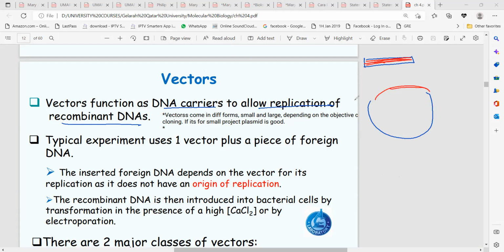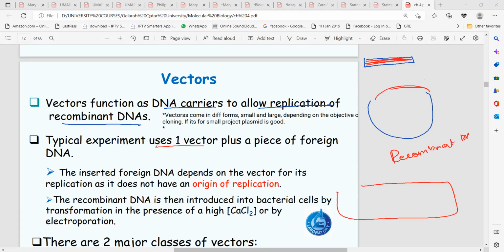Okay? And we call this recombinant DNA. Then they are combined by ligase, and now you will insert this into host bacteria. Within host bacteria, they will divide like so.